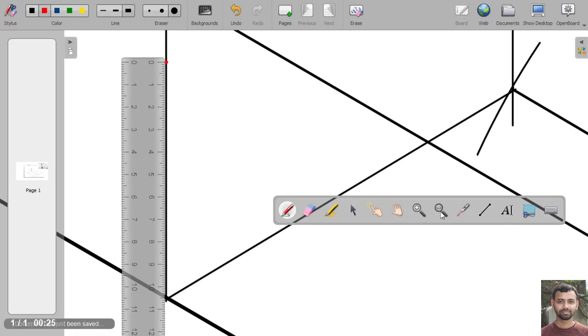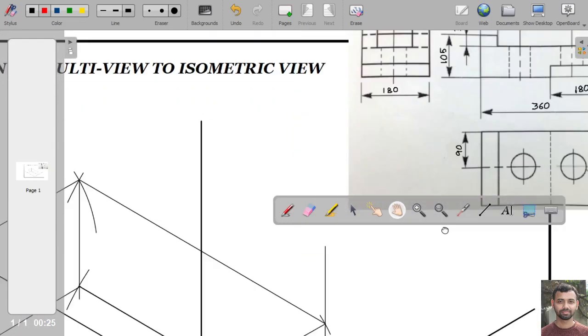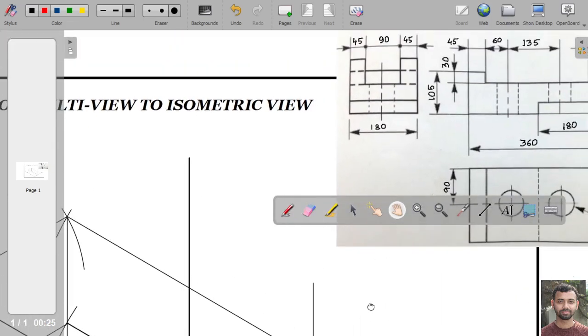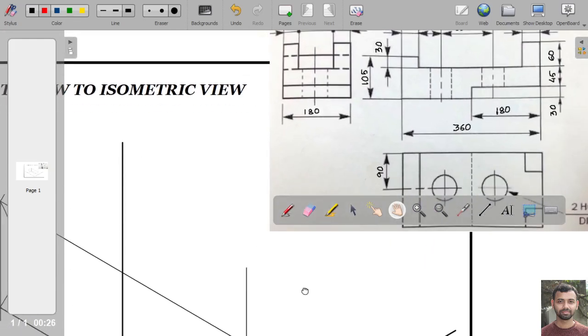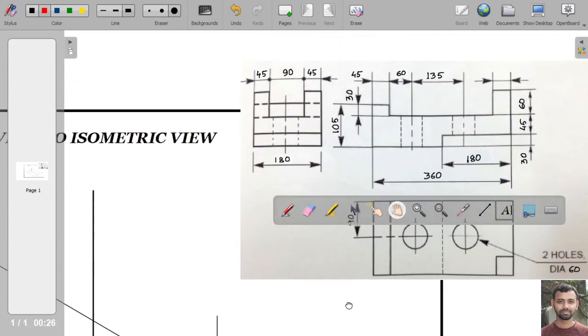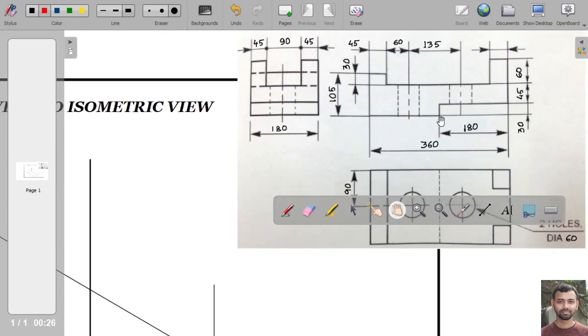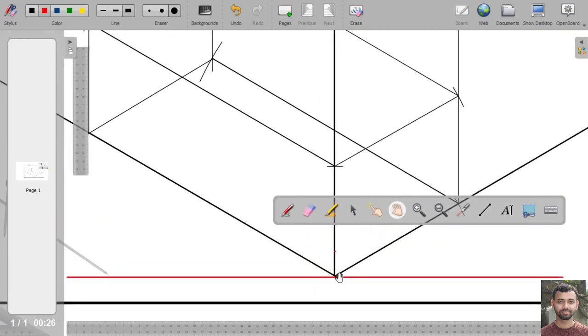Okay. Now the next point: from this point it is at a distance of 180 mm.